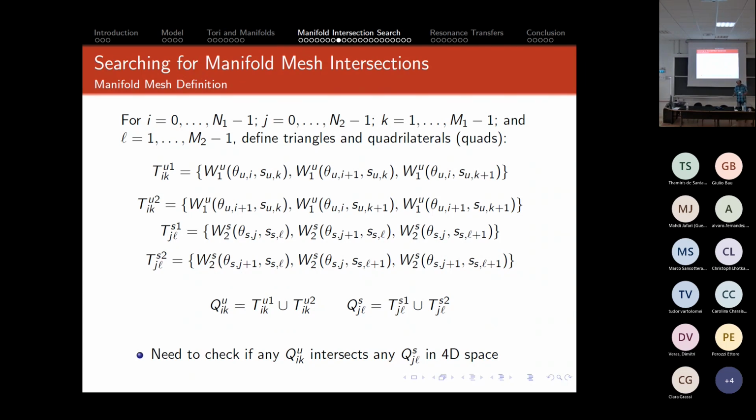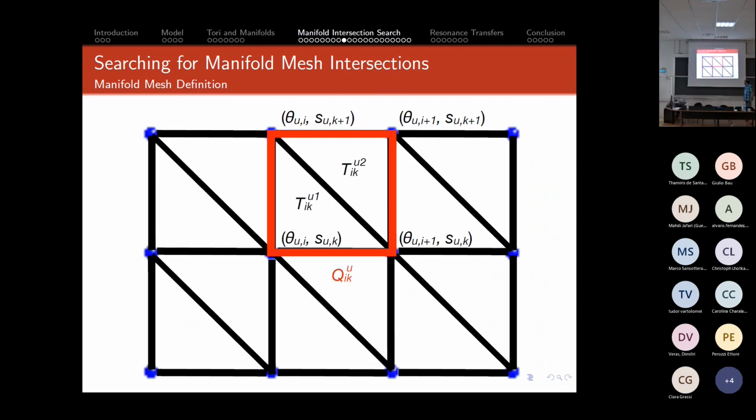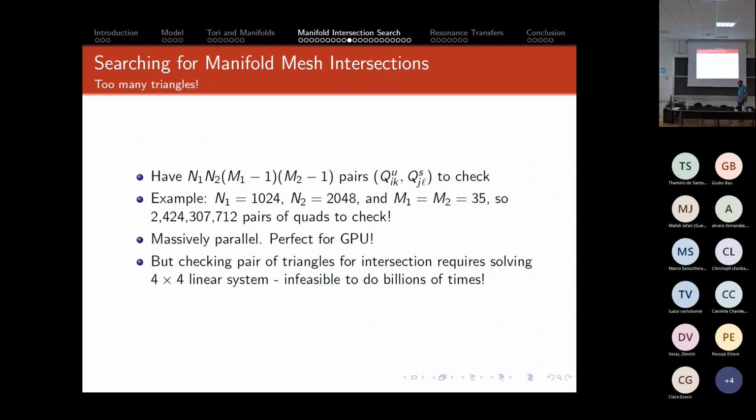And we define a quad as intersecting if any of the triangles on one quad intersects any of the triangles on the other quad. And this is just graphically representing the notation I use, where a QU is made up of a TU1 and a TU2, and similarly with each QS. So the thing is that these meshes often have tens of thousands of quadrilaterals in them, even for a given layer.